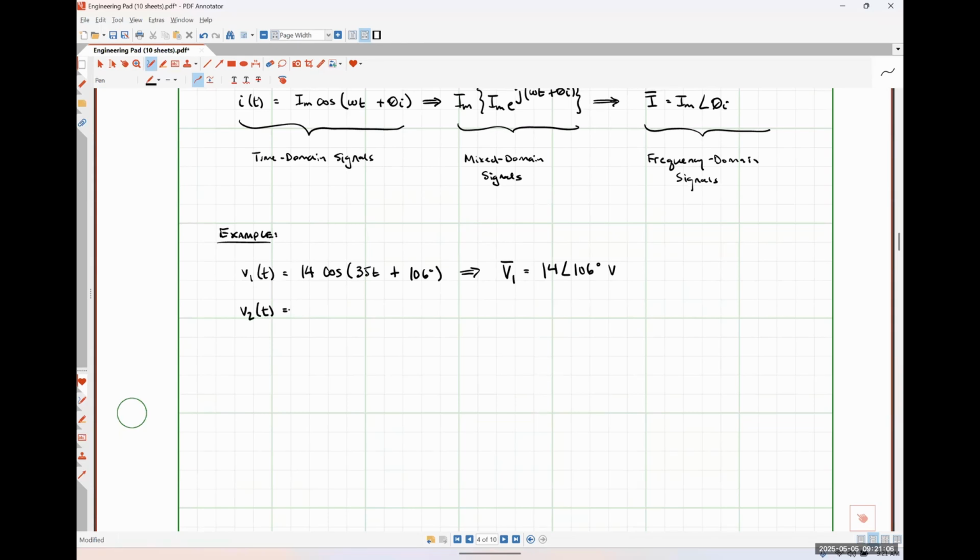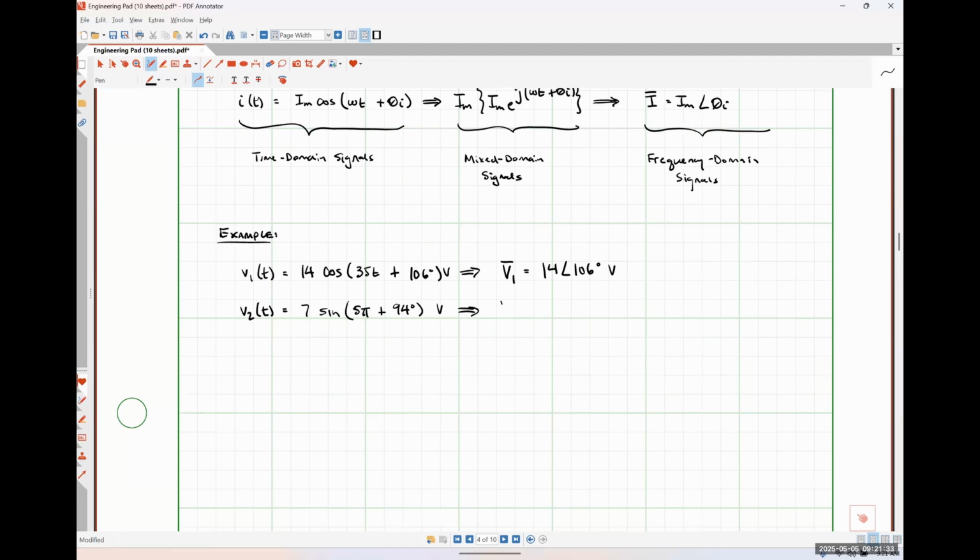What if I had V2 was 7 sine 5 pi plus 94 degrees? Do I add 90 to go from sine to cosine? I subtract.